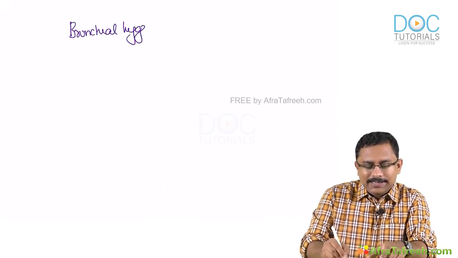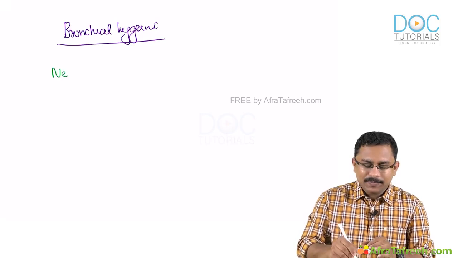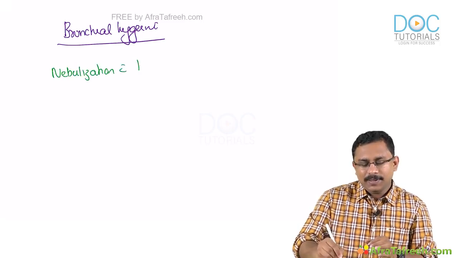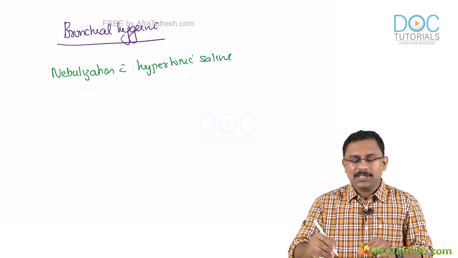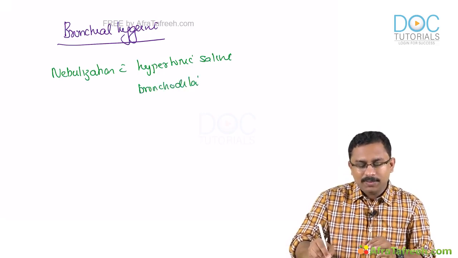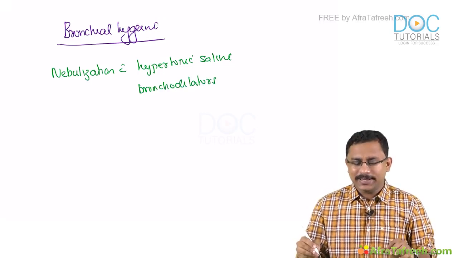So bronchial hygiene, to take care of that, you can go for nebulization with hypertonic saline. You can go for nebulization with bronchodilators also. Remember, steroids are not advocated in bronchiectasis.